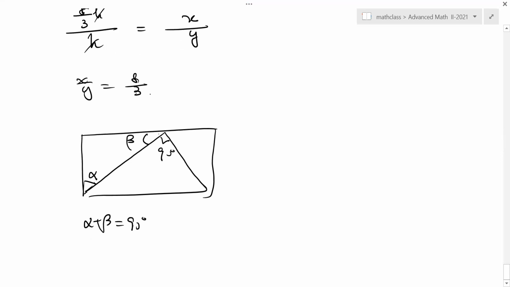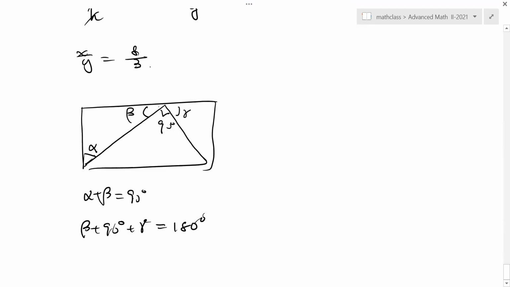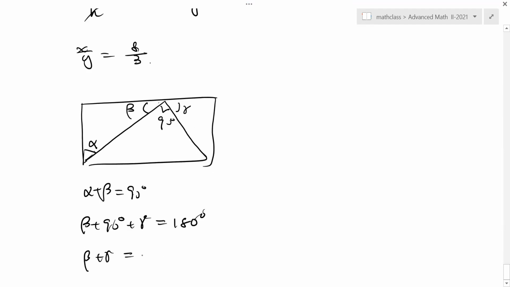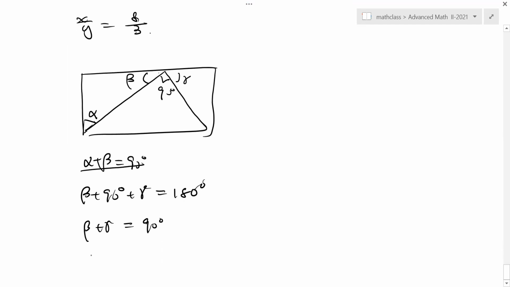Because of that, you can show that this angle must be alpha. If that angle is, for example, gamma, we don't know what gamma is, and we know that beta plus 90 degrees plus gamma should be equal to 180 degrees. So that means beta plus gamma equals 90 degrees, but beta plus alpha is 90 degrees. So that means gamma must be equal to alpha using these two equations.